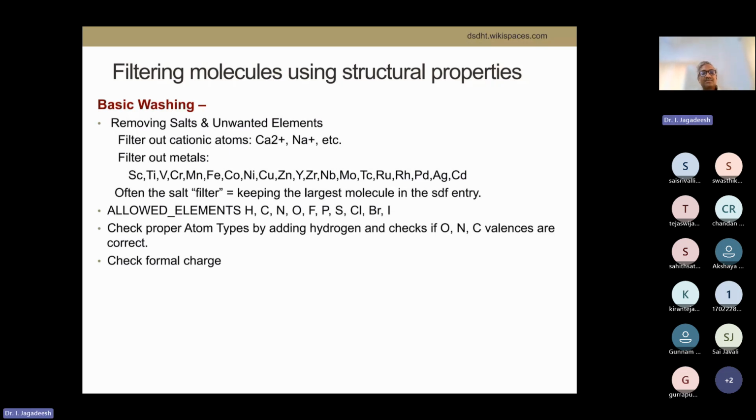Check the atom types by adding the hydrogens, and check on oxygen, nitrogen and carbon whether their valencies are correct or not. Because when you are generating a structure with a carbon atom, it has a four-bond capacity. But if your structure has only three bonds present, one side is left open.